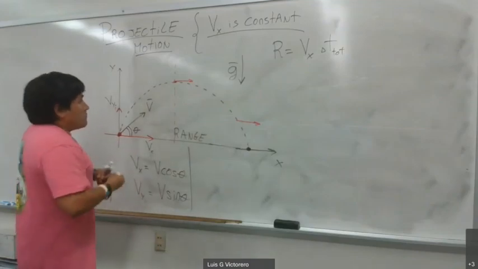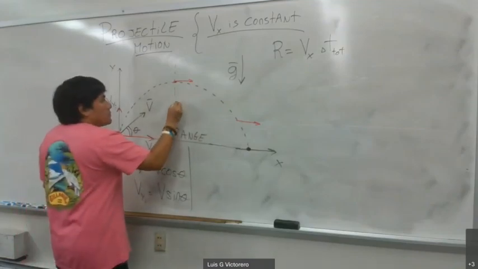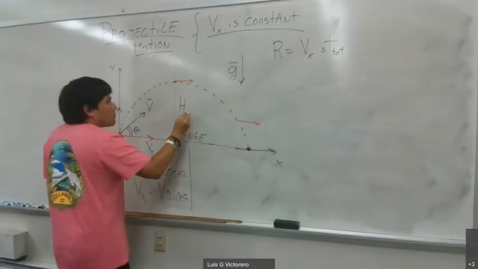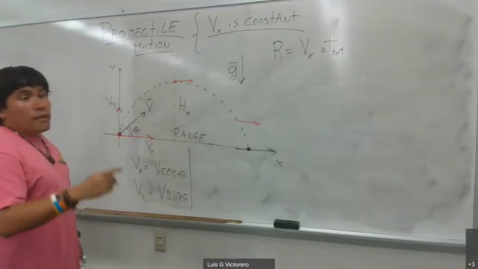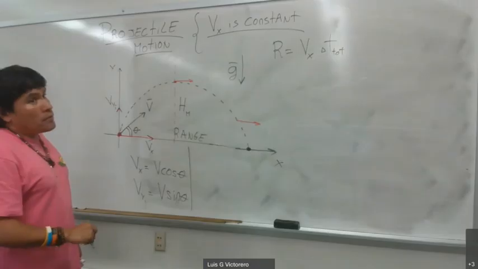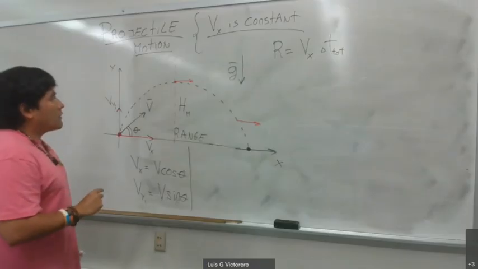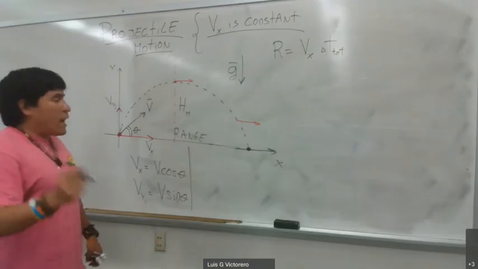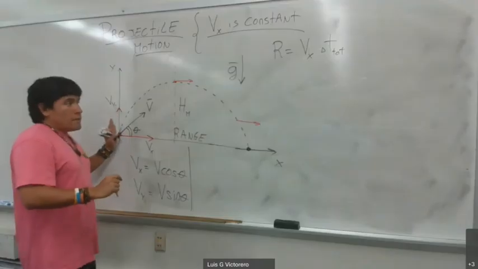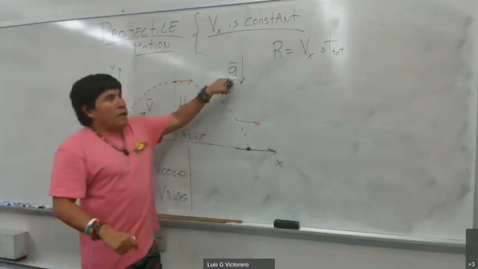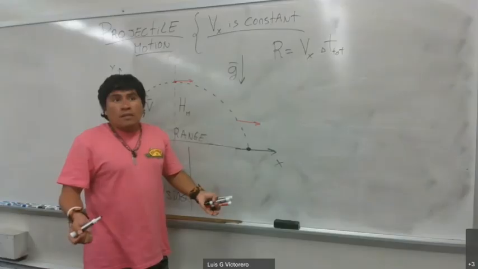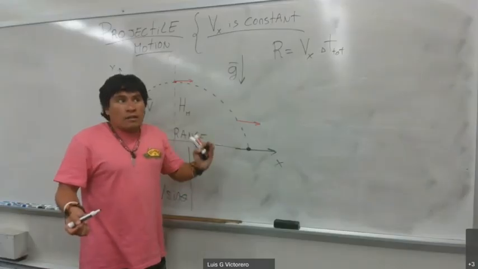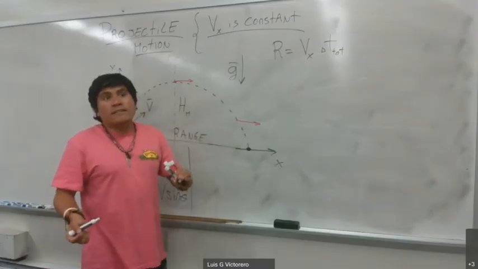So we can find the maximum height. How do you find the maximum height? By using falling objects that we did at the end of last class. Now let's remember the physics behind it, right? The mass is going up, and because the vector gravity is going down, it's losing momentum, right? It's decelerating.